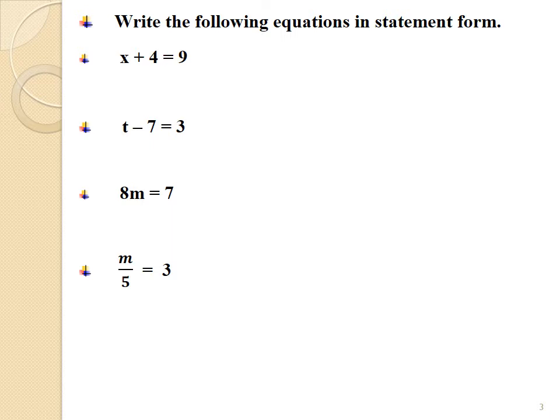Now, question number 2. Write the following equations in statement form. Students, we know that in order to write statement, we have to use the words like sum or added, subtracted, times, divided when operations like plus, minus or divided is given.